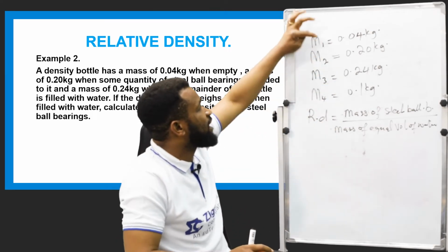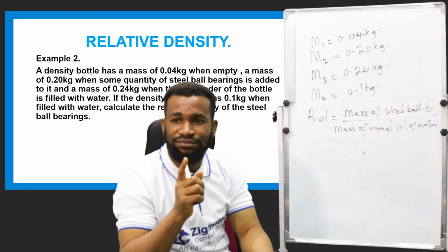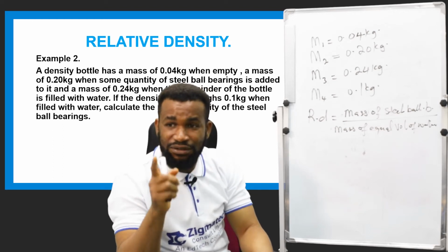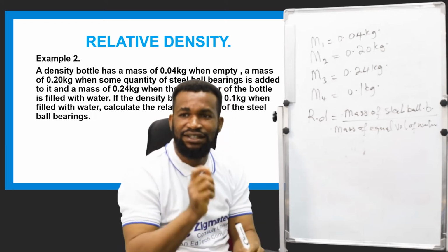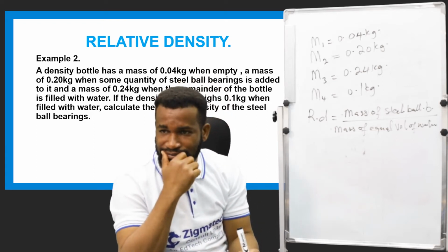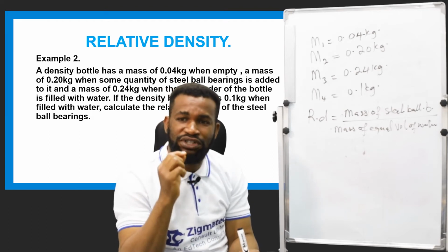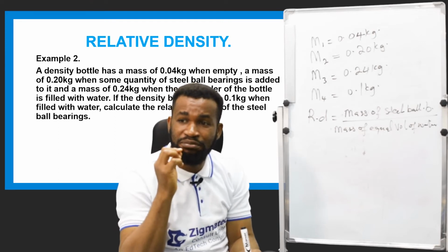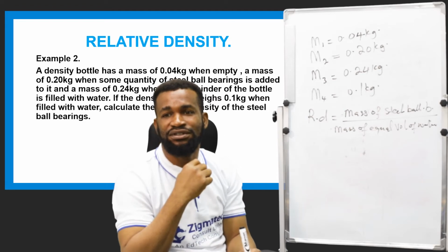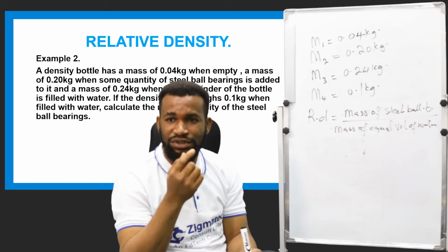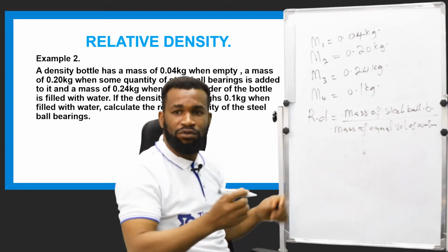So we start with the first one, which is the density bottle, its mass when it is empty. When nothing is inside it, it is 0.04 kilogram. Now, a mass of 0.20 when some quantity of steel ball bearing is added.